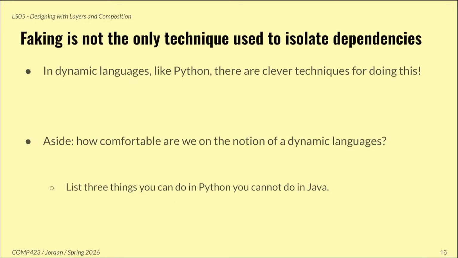And what I'm realizing is we should probably have a full lecture on some of the key differences between a dynamic interpreted language and a statically compiled language, because there are some very fundamental differences. And we do everything we can to hide those differences from you in a class like COMP423 because, honestly, you're just too young.